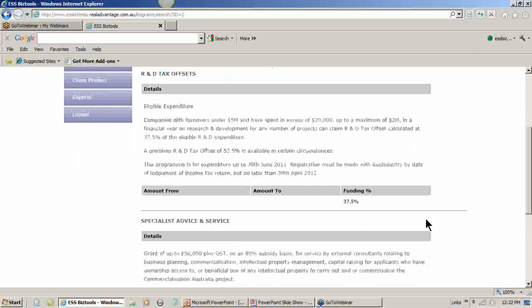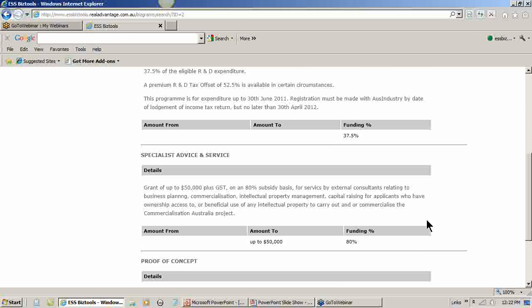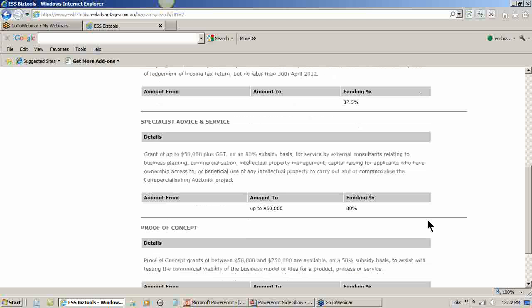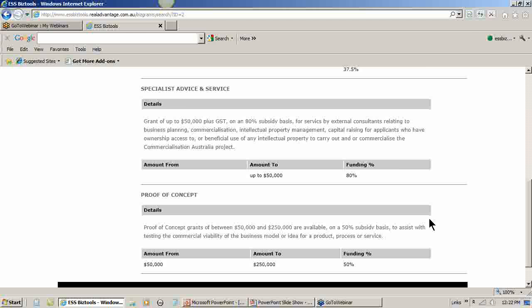But they could also have applied for Commercialisation Australia Specialist Advice and Services, because they are doing research and development. Presumably they are trying to develop something, and they could have been eligible for a grant of up to $50,000 on an 80% basis to help with planning, market research, intellectual property reviews, etc.